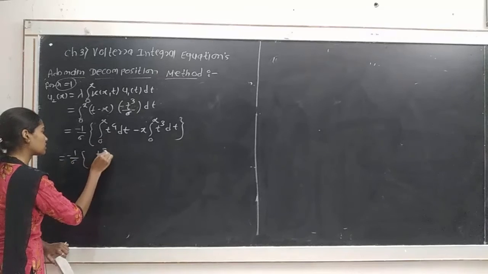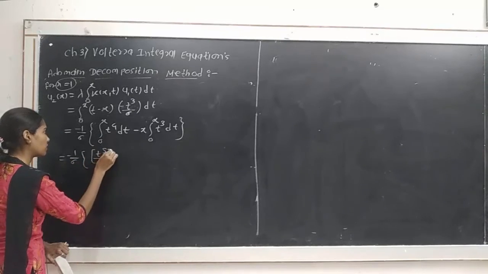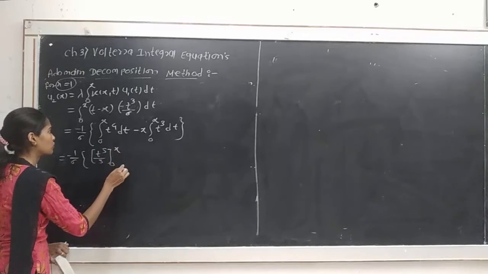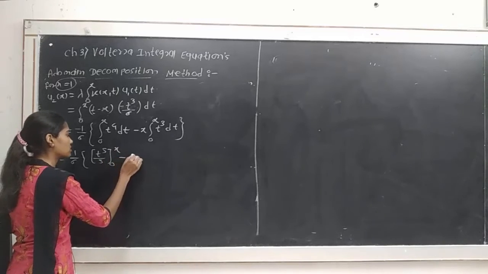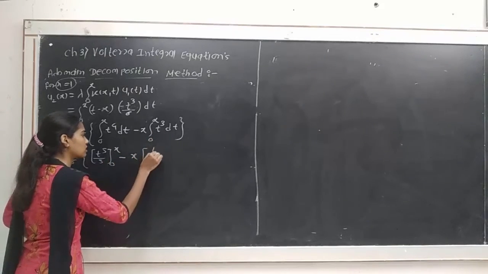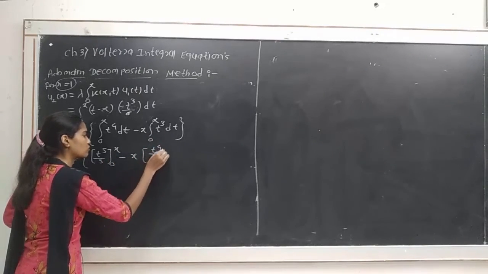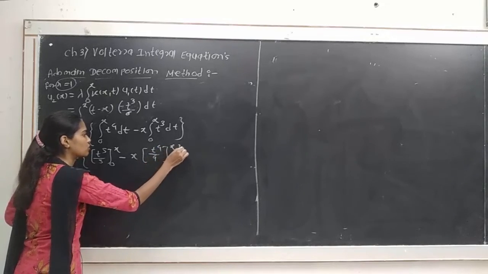Then integrating, we get t raised to 5 by 5 with limits from 0 to x, minus x times the integration of t cubed, which is t raised to 4 divided by 4, limits from 0 to x.